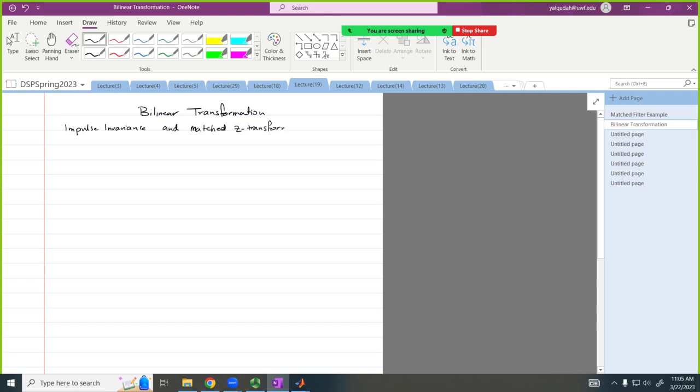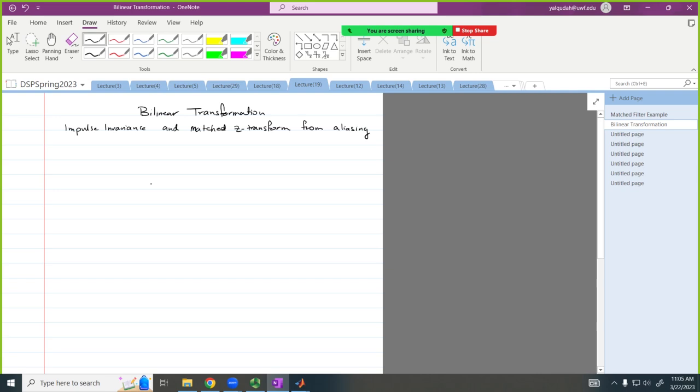Therefore, not only do they distort the filter, but they also do not enable us to design, for instance, a high-pass filter. So we need another technique for converting the analog filter into a digital filter, and this technique is called bilinear transformation.